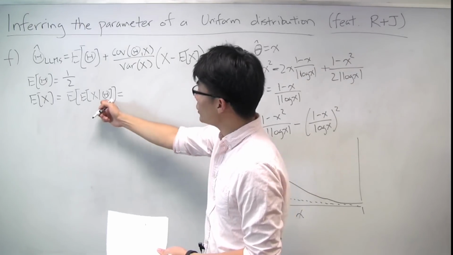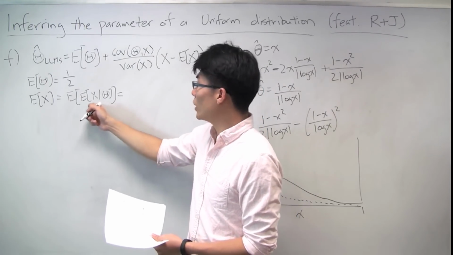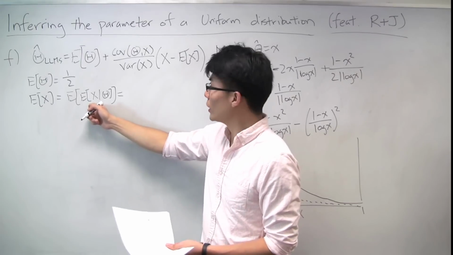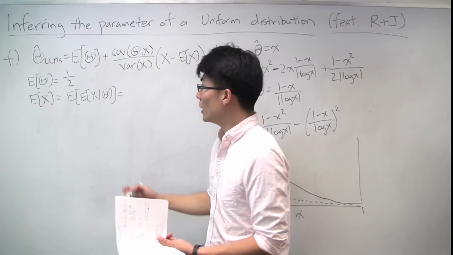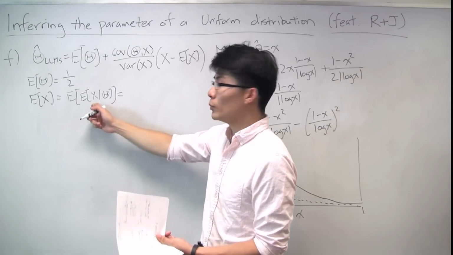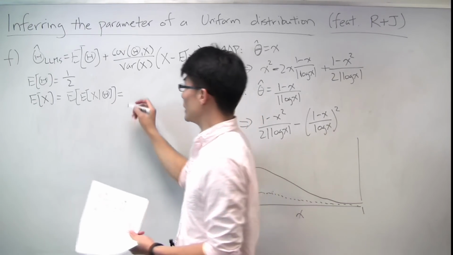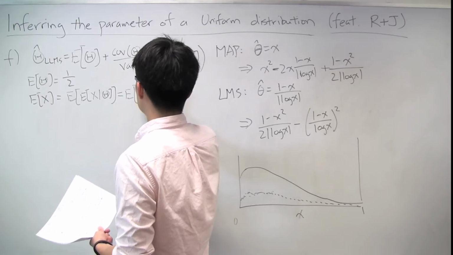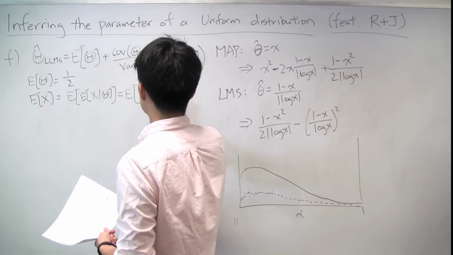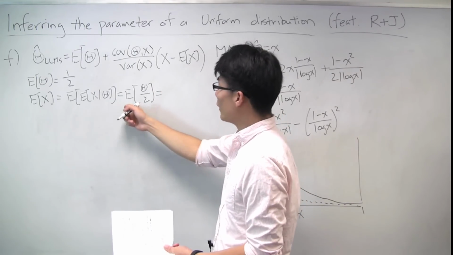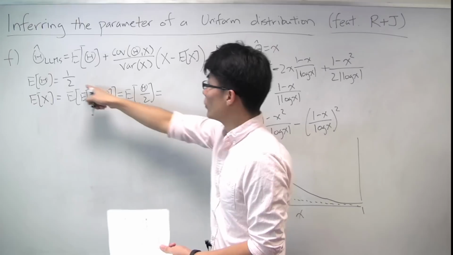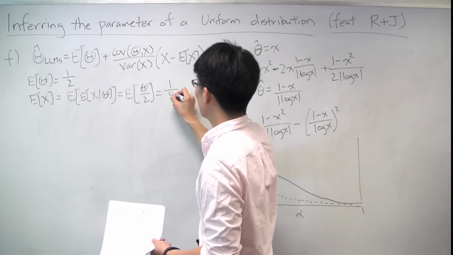Okay, so if we knew what theta was, then what is the expectation of x? Well, we know that given theta, x is uniformly distributed between 0 and theta. And so the mean would be just theta over 2, right? And so this would just be expectation of theta over 2. And we know this is just 1/2 times the expectation of theta, which is 1/2. So this is just 1/4.